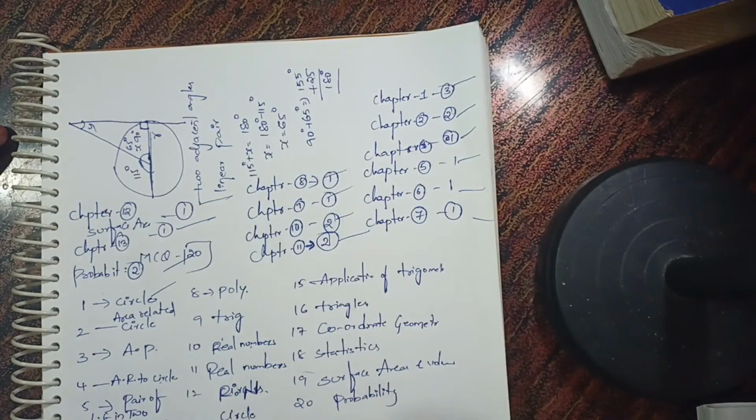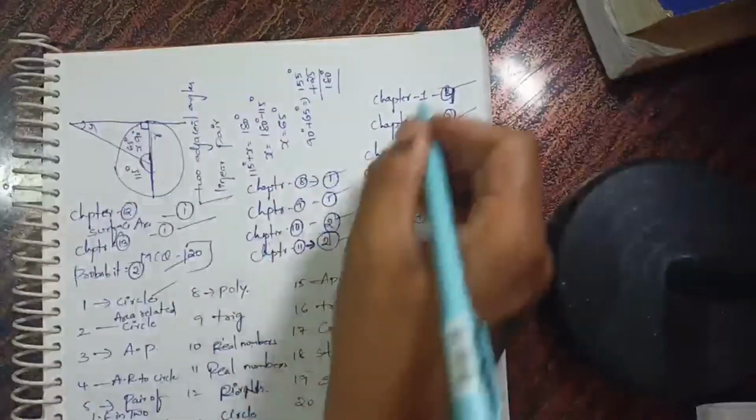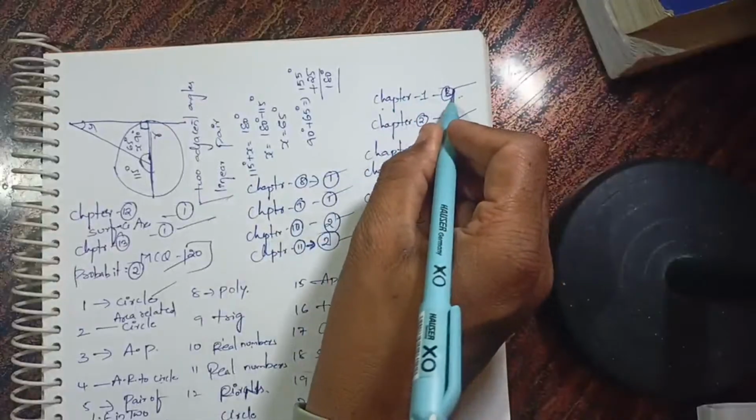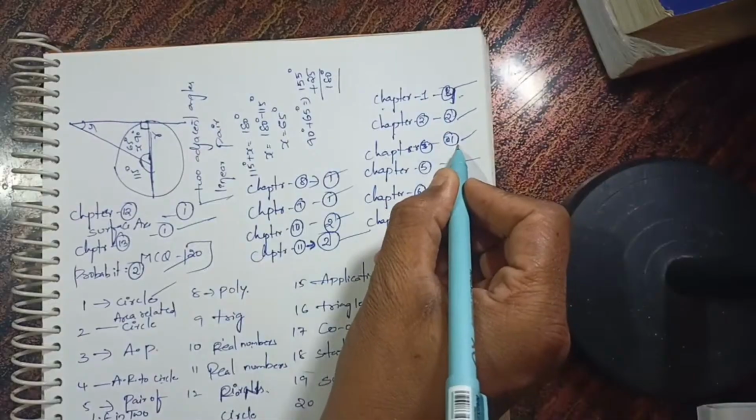Chapter 7, coordinate geometry, we got 1 question. Polynomials, we got 2 questions. Chapter 8, trigonometry, we got 1 question. Sorry, here chapter 1 we got 4 questions: real numbers 4 questions, polynomials 2 questions, pair of linear equations in two variables 4 questions.